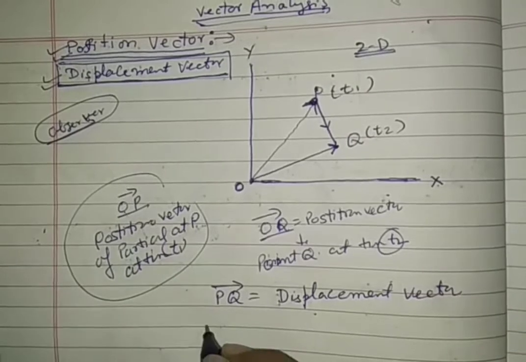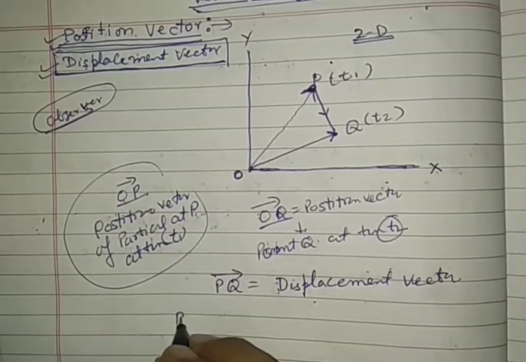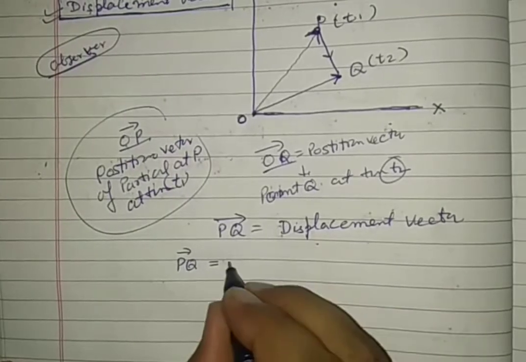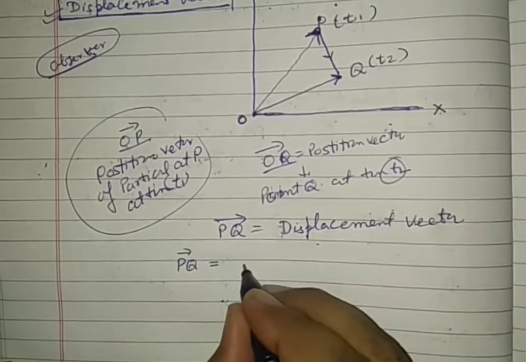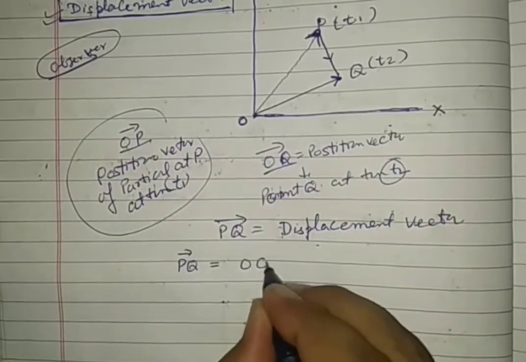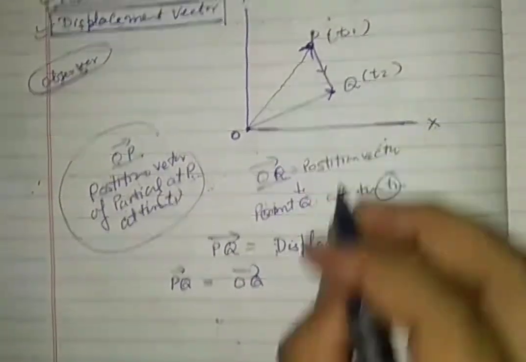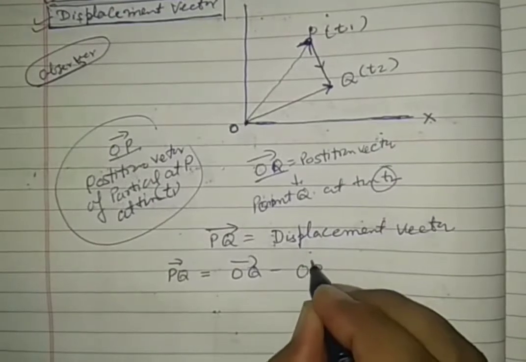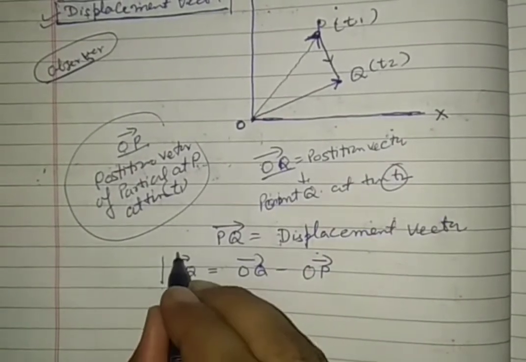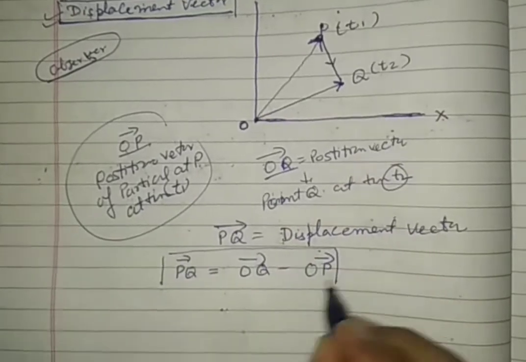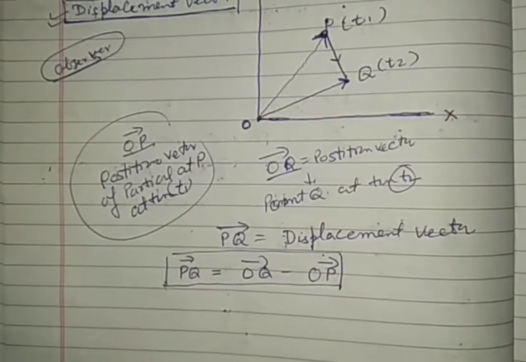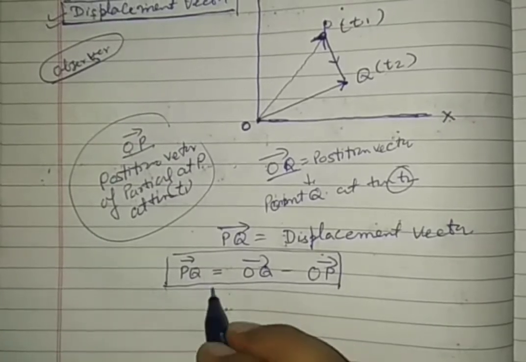So the displacement vector PQ is a difference of two vectors: position vector OQ minus position vector OP. See how it is obtained. Clear?